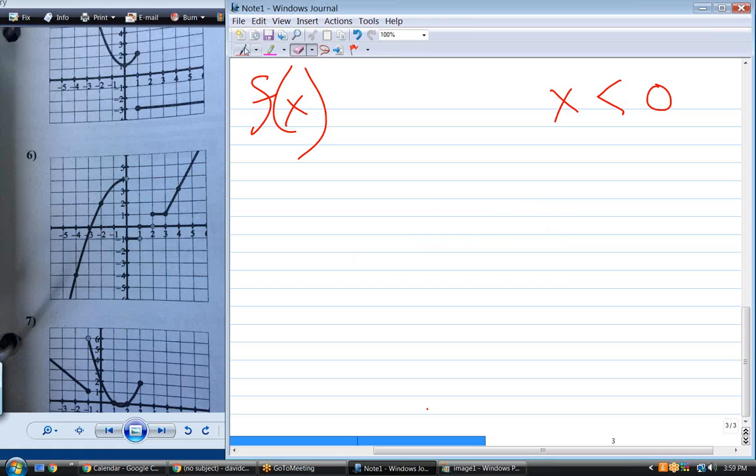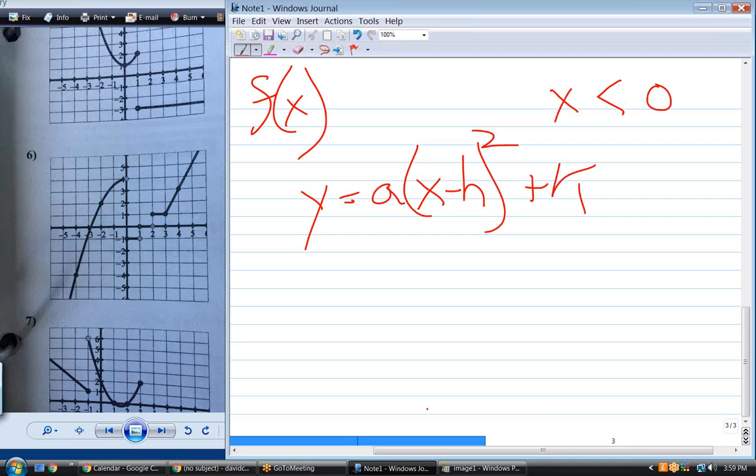So let's do this the proper way. Y equals a times (x minus h) squared plus k. That's a parabola.